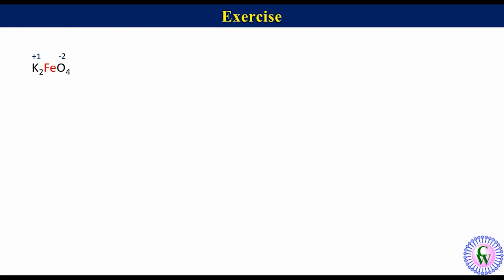Suppose the oxidation number of iron is N. Since this is a neutral molecule, we can write 2 into plus 1 plus N plus 4 into minus 2 is equal to 0, or 2 plus N minus 8 is equal to 0, or N minus 6 is equal to 0, or N is equal to plus 6.